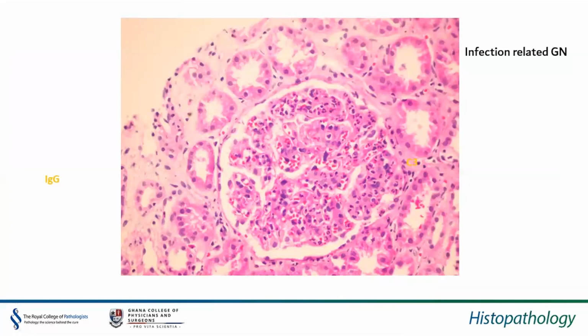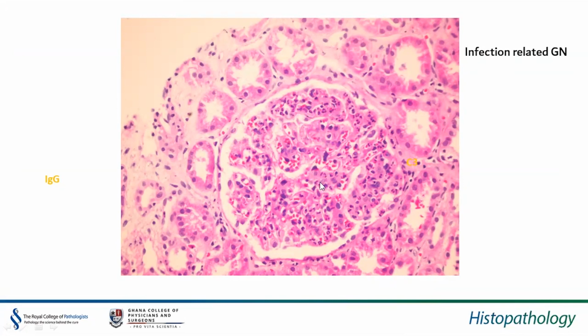This is an infection-related glomerulonephritis. You can see that it's a swollen, enlarged glomerulus. There is an increase in mesangial cells, and there is mesangial hypercellularity, and also there are these nuclei, can you appreciate them, cells with segmented nuclei?